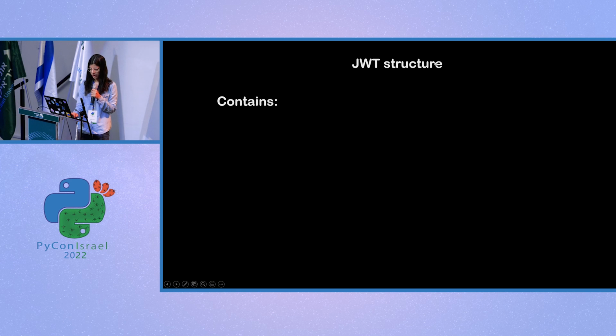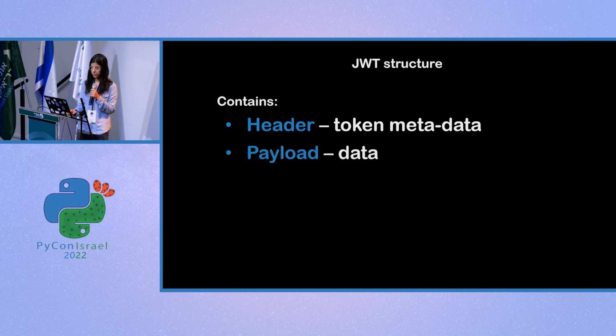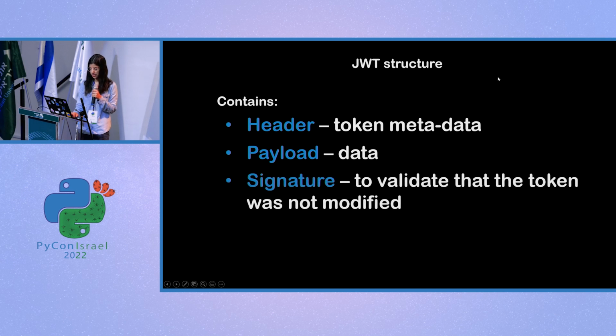It contains 3 parts. The first one is the header, which is the token metadata. The second one is the payload, which is the data itself. So for example, if we are using the ID token, the user profile details will be in the payload. And also the signature, which is the part in the token that is used in order to validate that the token was not modified in the middle.